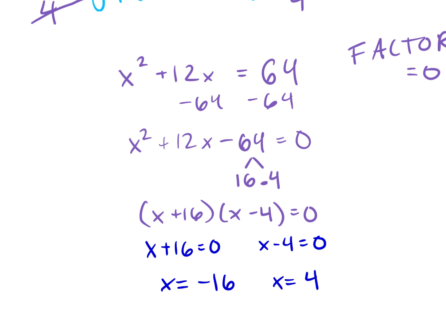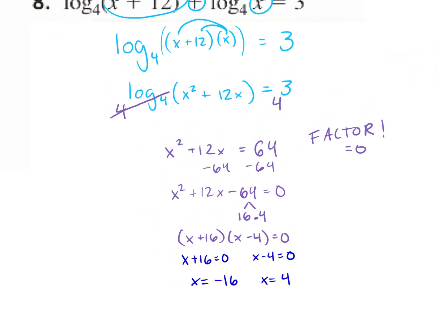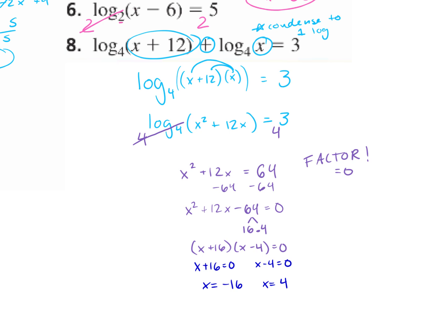Now we have to check. So if I plug -16 into my x here, I get -16 plus 12. So that would be -4. Can I take the log of -4? We plugged -16 into our x. We check because we can't take the log of a negative. So we got -4. Can I take the log of -4?